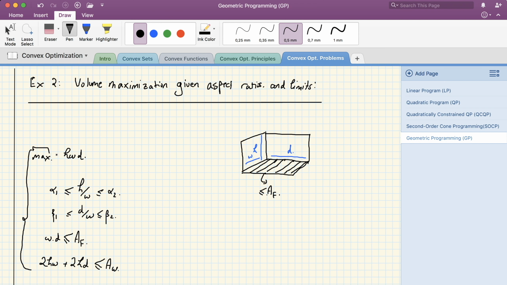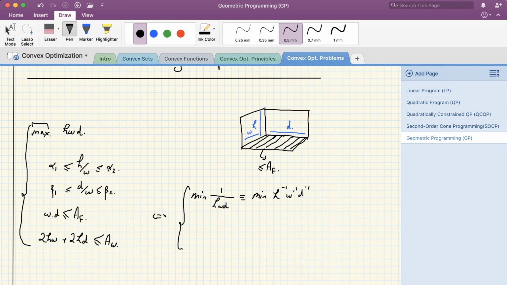Even if you insert a minus and get a min, remember, your cost should be a polynomial, and a polynomial has a positive constant C. So a trick here is to minimize the reciprocal. You could minimize 1 over HWD, which is equivalent to minimizing H^-1 W^-1 D^-1. Your C here is 1, positive, so no problem.